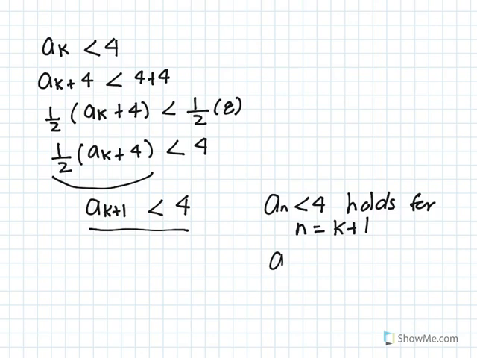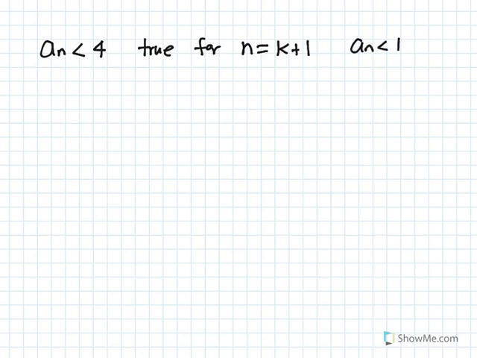By assumption, a_n less than 4 also holds for n equals k. So what we have shown is that a_n less than 4 is true for n equals k plus 1, since a_n less than 4 is also true for n equals k.